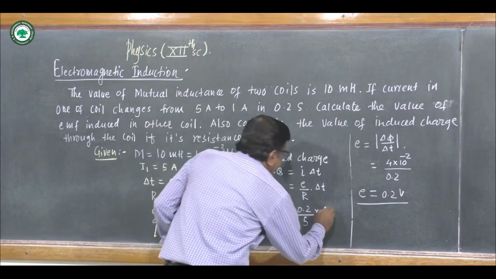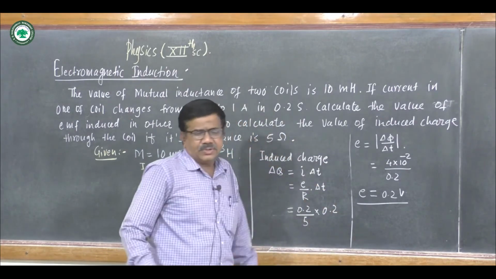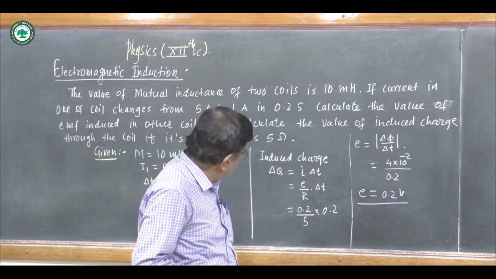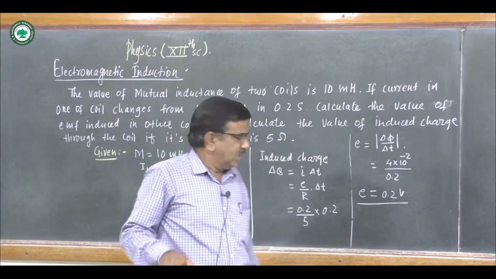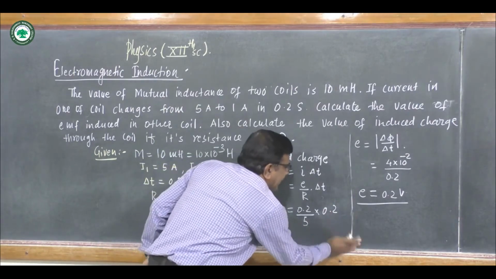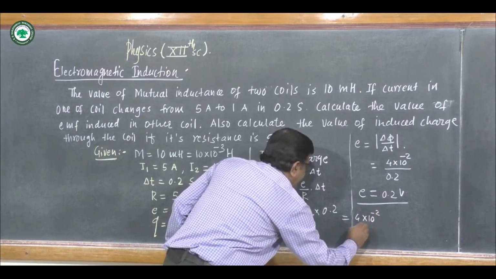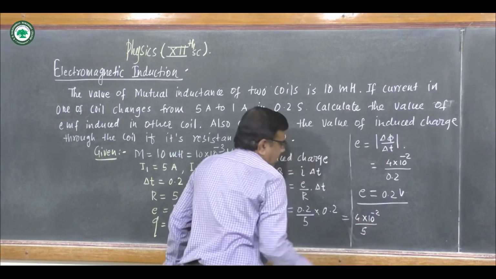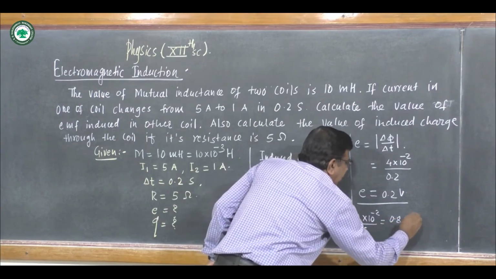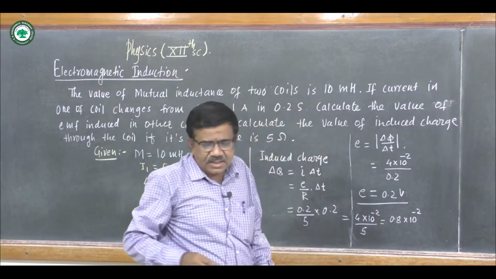That is 0.2 into 0.2 divided by 5. This is 4 into 10 raised to minus 2 upon 5, which is 0.8 into 10 raised to minus 2.